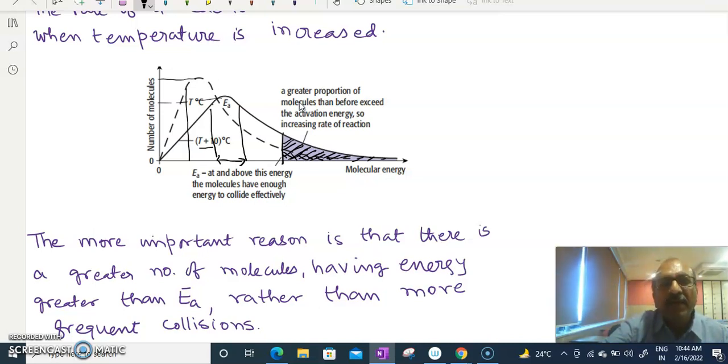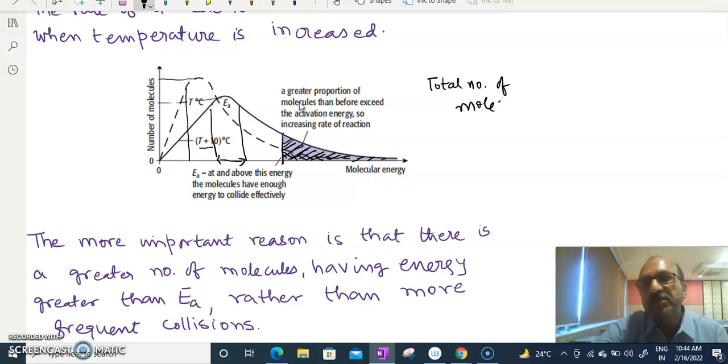Now one can also understand why the peak has gone down, because this part of the graph is lying above the previous graph, but the total number of molecules is obviously unchanged. The total number of molecules at the higher temperature is the same. And therefore, the area under each curve, which represents the total number of molecules, is also going to remain the same.